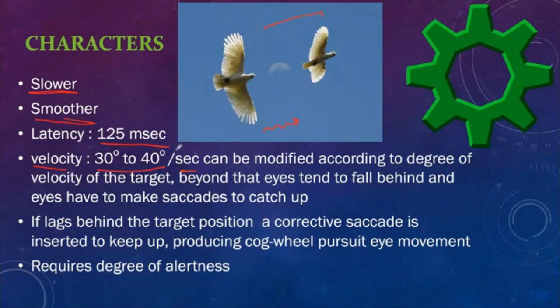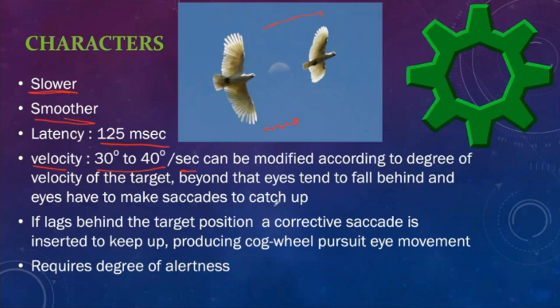The pursuit movement has a velocity of 30 to 40 degrees per second. In some books it says up to 60 degrees per second. After this, the bird will fall out of your visual field, or out of your central field.